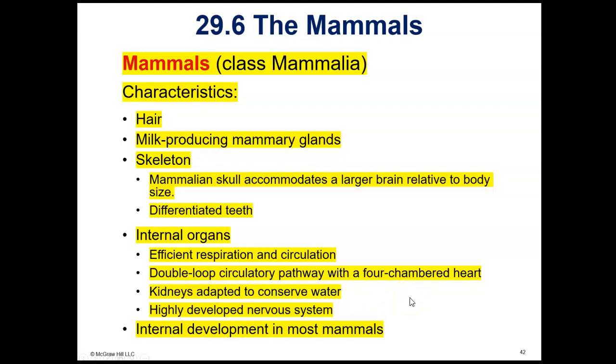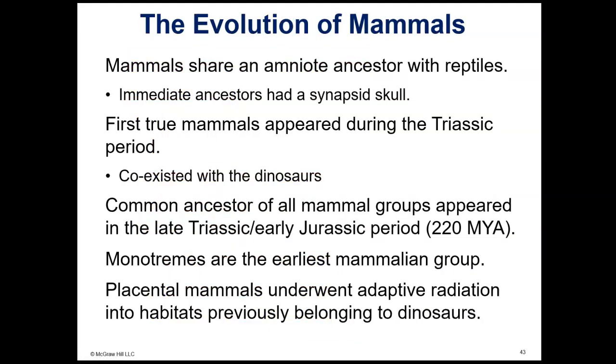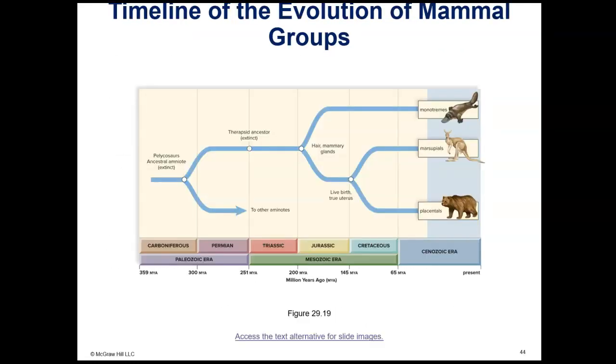And most mammals have internal development. In other words, the fetus develops inside the mother's body. Okay, so we have 3 groups of mammals. We have the placental mammals, which are the most common, and this is what humans are.